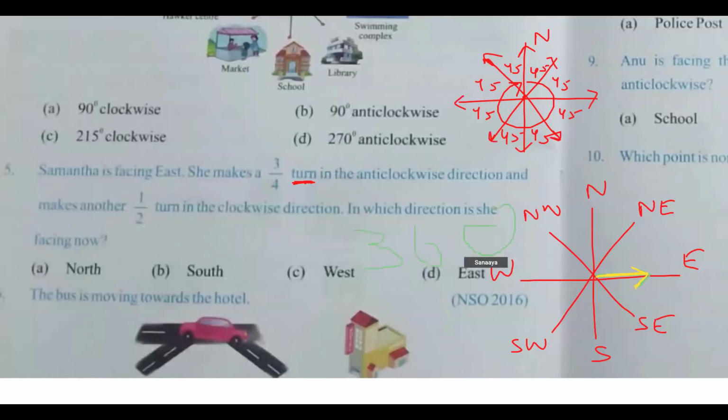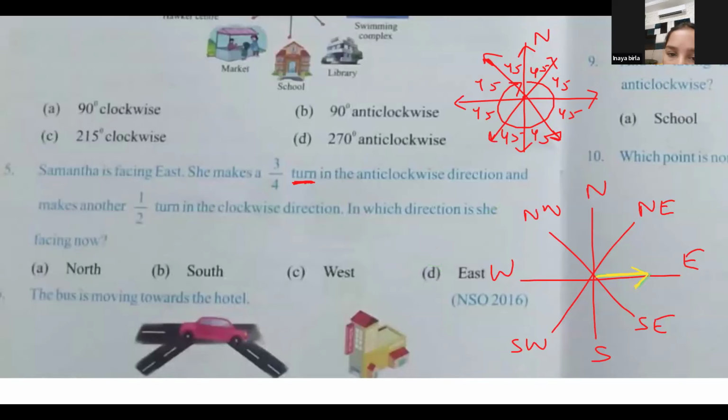The total turns are how many? If we consider one turn, yes, Sanaya, that's correct.